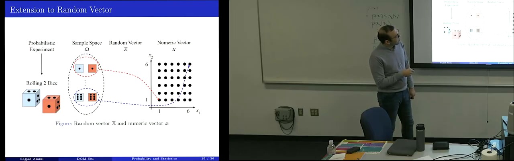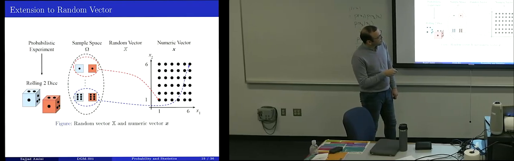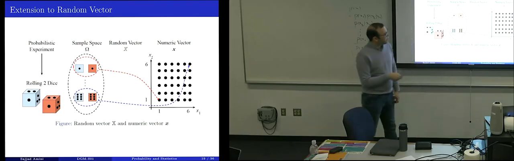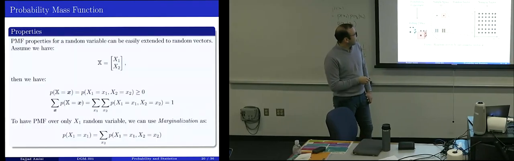Here the numeric values are also two-dimensional, so you have a vector. Pay attention to the notation. Here it is bold, and the notation for the random vector is also changed. The random vector here is an assignment from the sample space to the numeric values. This is here, and this element in the sample space is here, and all others can be assigned accordingly. This is the random vector.